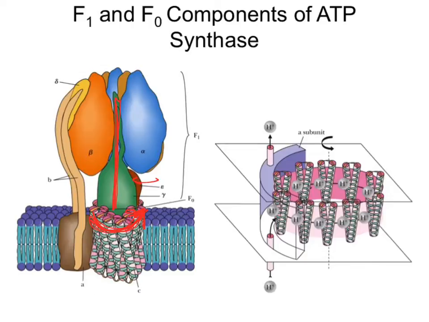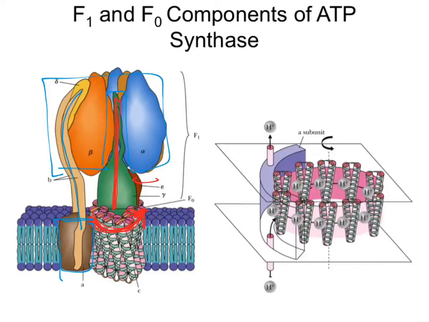But that's it. That's the only thing rotating. The alpha and beta subunits, the B subunit, and your A subunit do not rotate. Those are all locked into place. So what's happening is C just kind of rotates within that, causing some conformational changes within the rest of it.